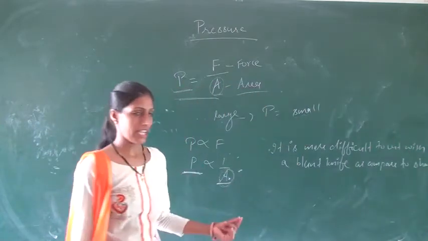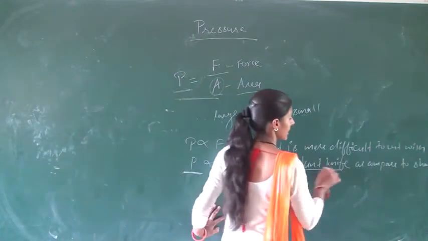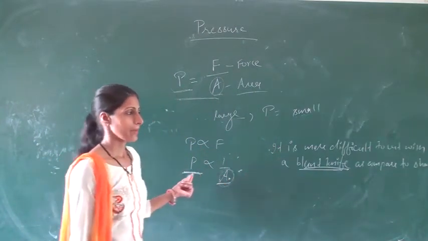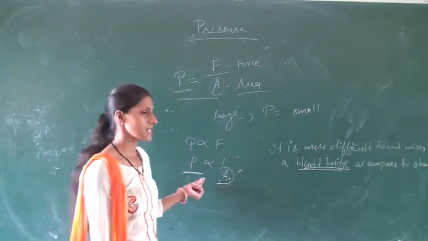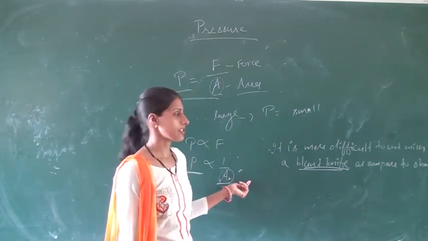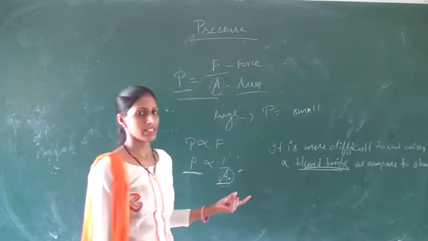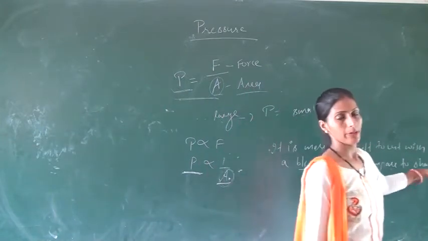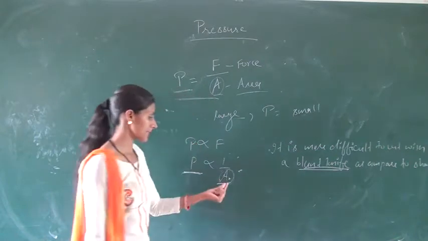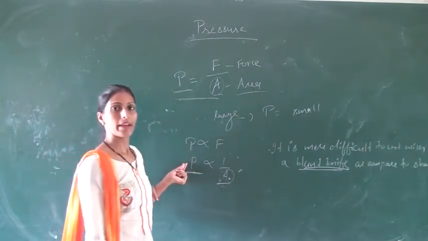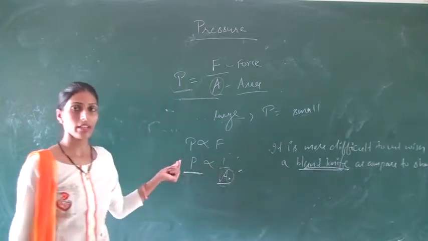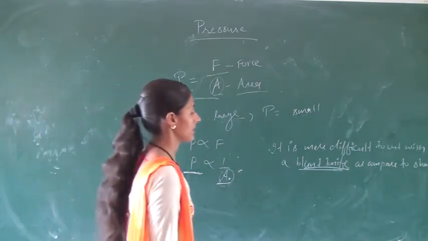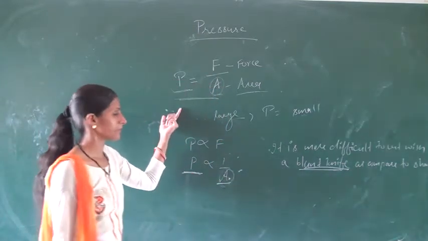Because a blunt knife covers a large area and the pressure applied by us is small, it becomes difficult to cut fruits and vegetables with a blunt knife as compared to a sharp knife, because a sharp knife covers a small area and the pressure applied by us is large. Okay. So with the help of this example, we can easily explain the term pressure.